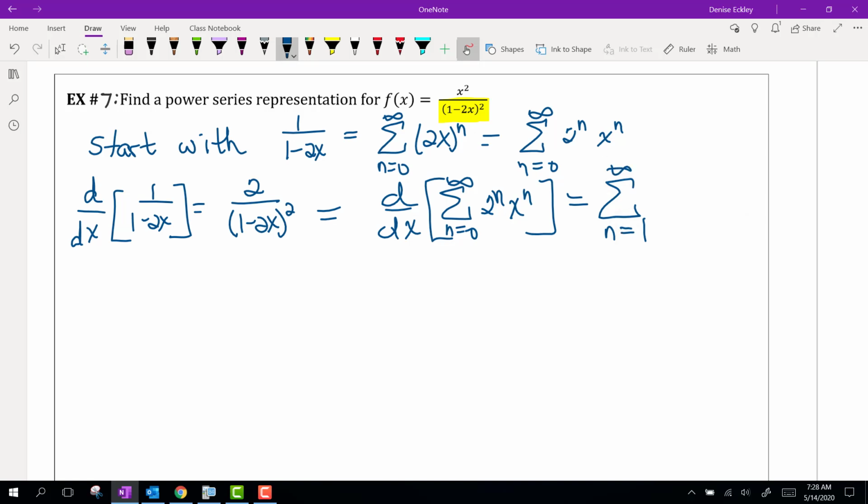So it's not going to start at 0 anymore. So I have my 2 to the n, I bring my power down, which is n, and then I lower my power by 1. Okay, so now I have pretty much the denominator. So if I take that and I multiply it by x squared over 2, I will have my original function, which is what I want.